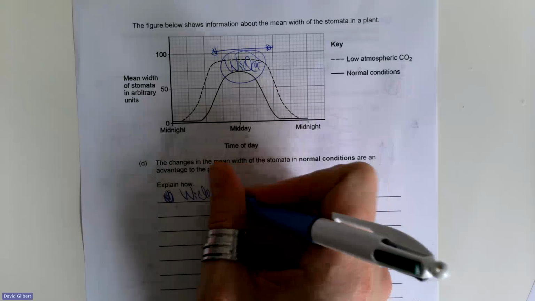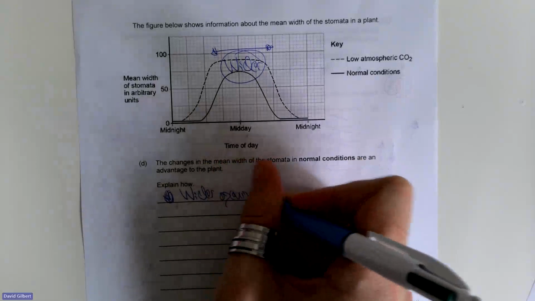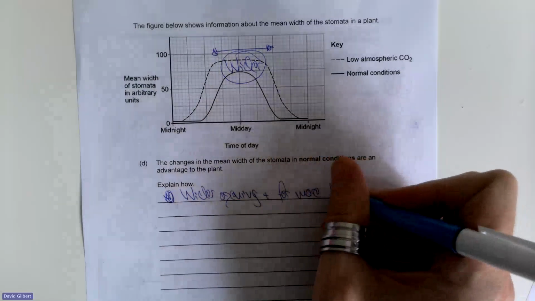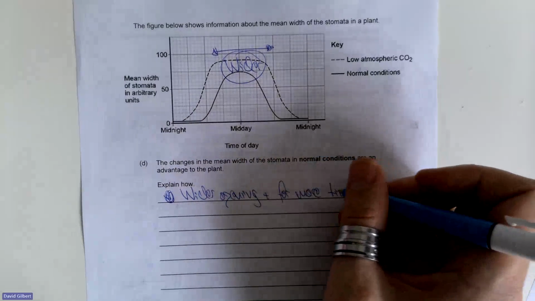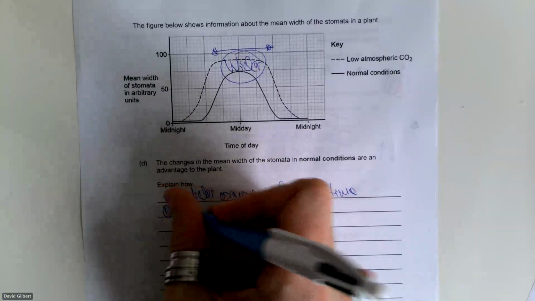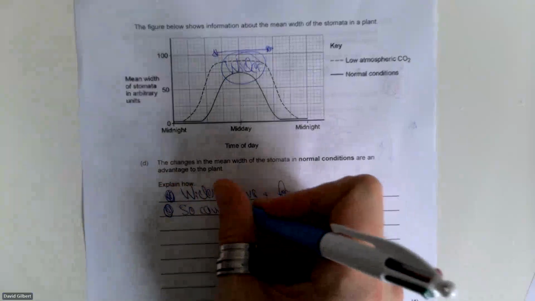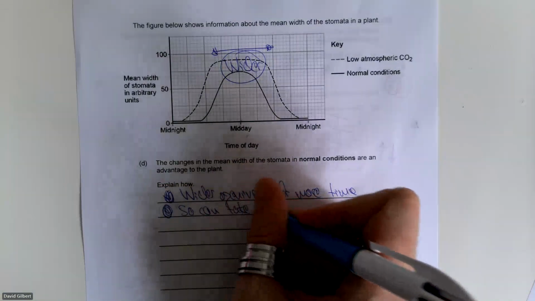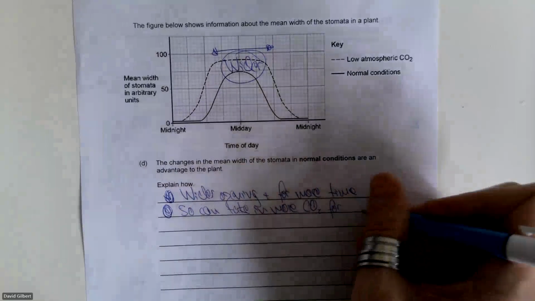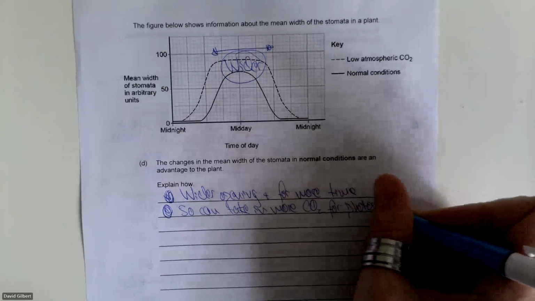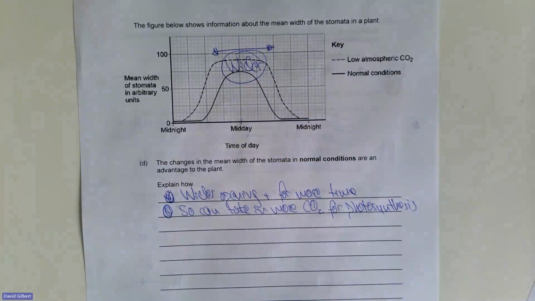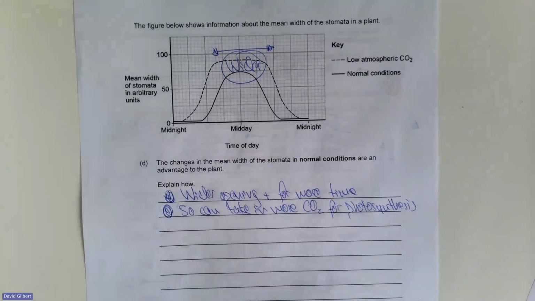So that gives us a wider opening and for more time. Why is that useful? Because the plant can take in more CO2. And that's for photosynthesis, isn't it? Why is that in itself useful?